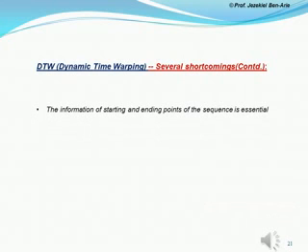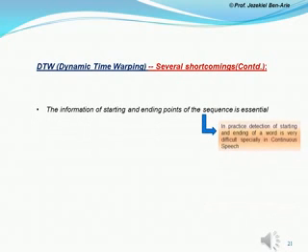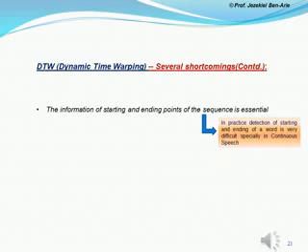Another problem with DTW is that we have to know the exact location of the starting and ending point of each sequence. This is a major problem because when we deal with continuous speech, there are no pauses between words, and therefore it is very difficult to find the locations of startings and endings.